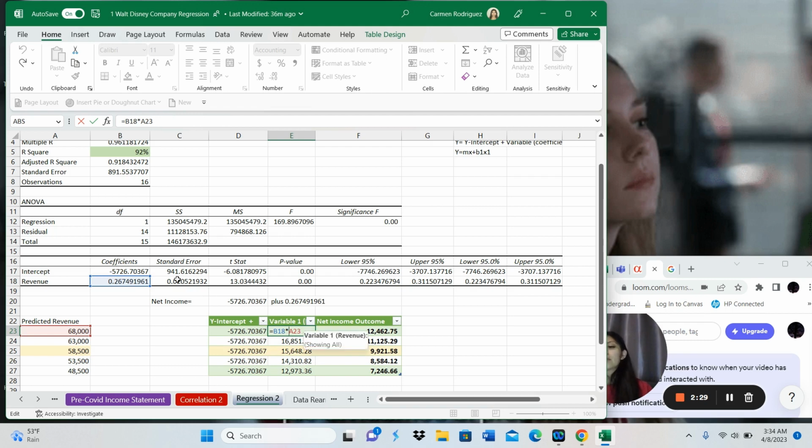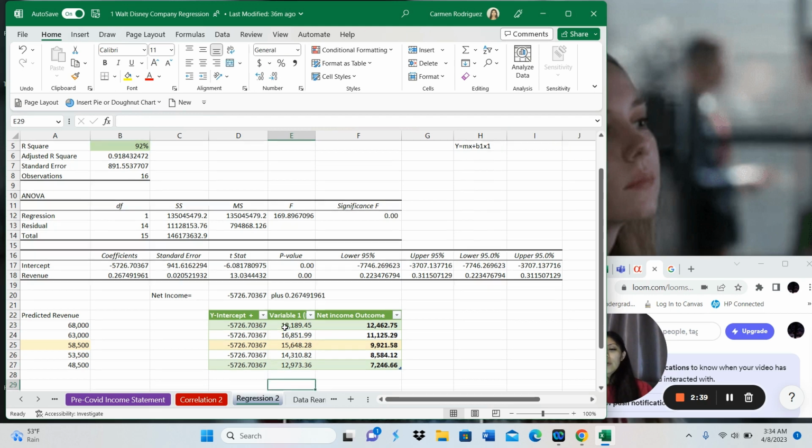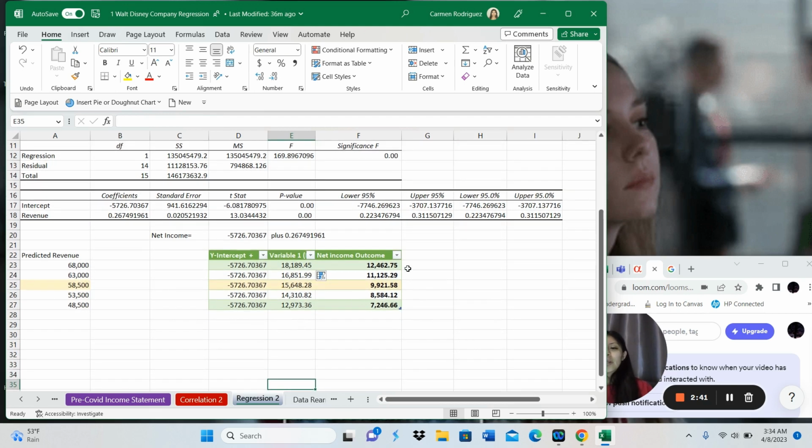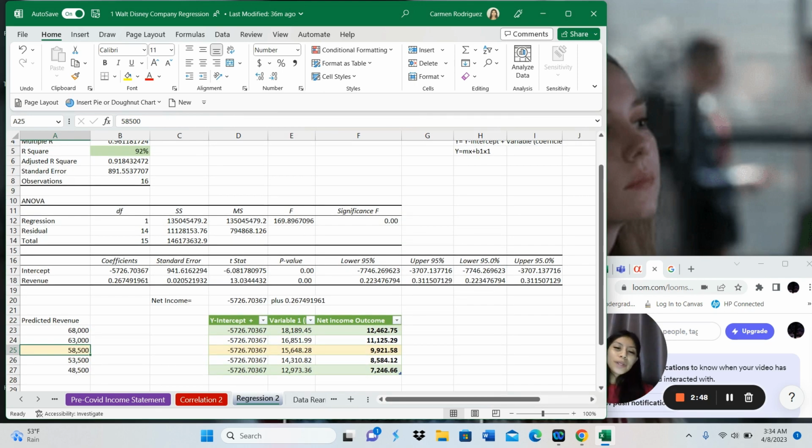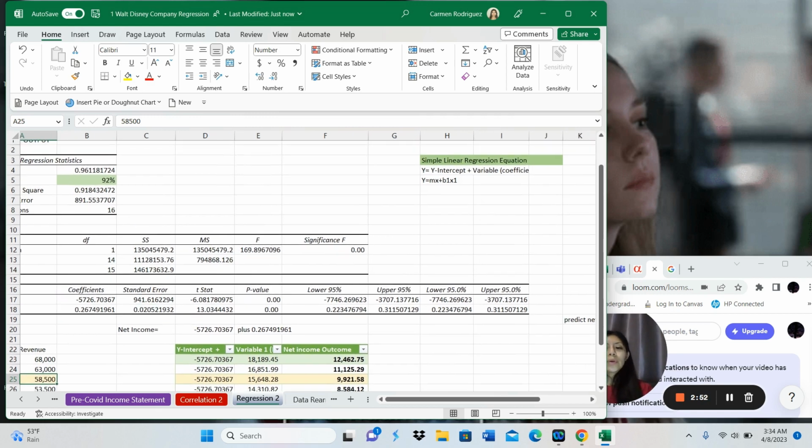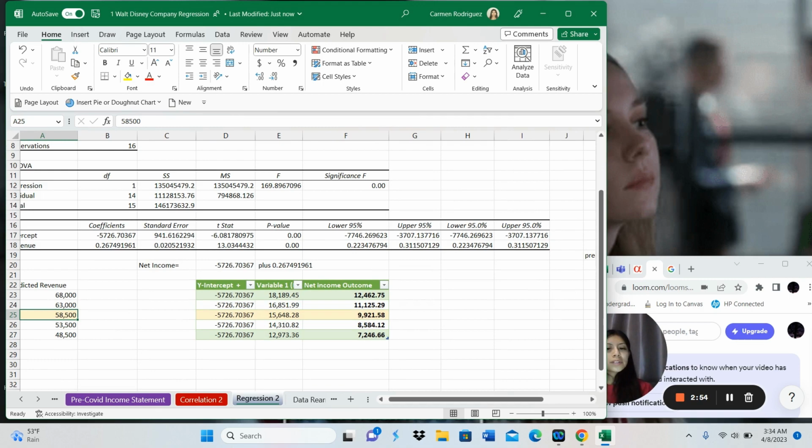We use the same coefficient, the same independent variable coefficient. However, we predict our net income by changes in our revenue. As a company, of course, our goal is to increase our revenue to increase our net income.